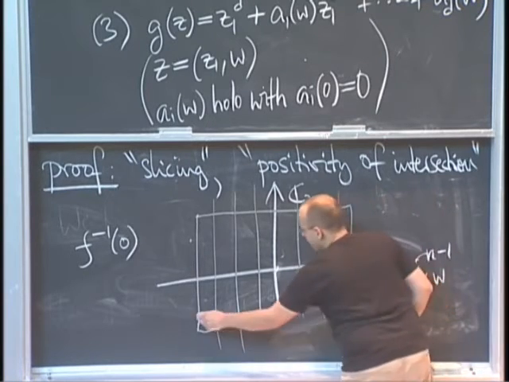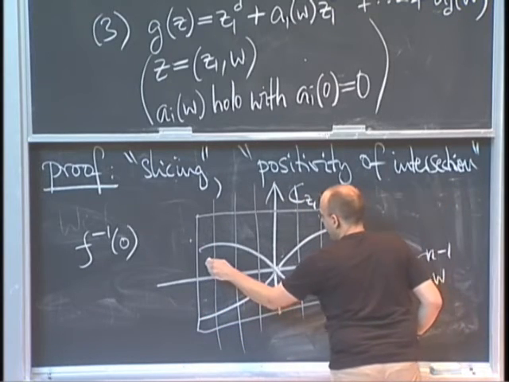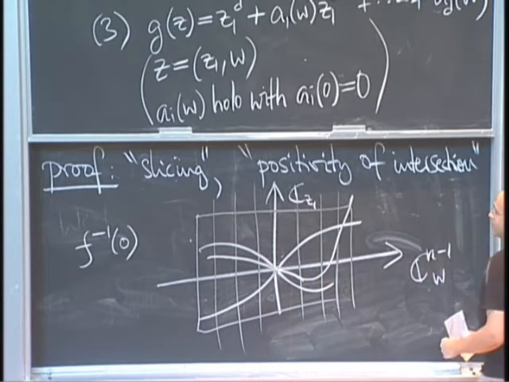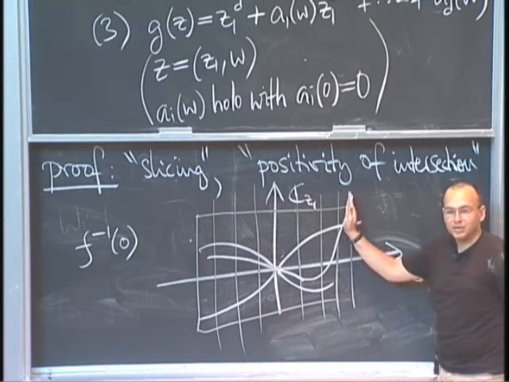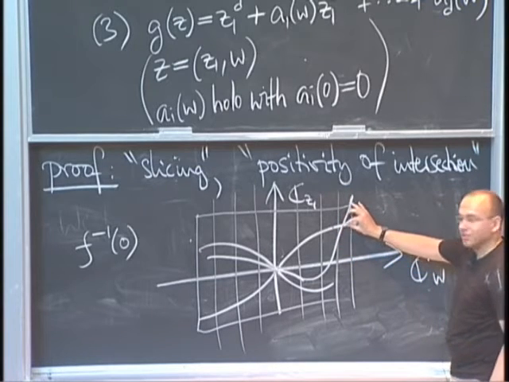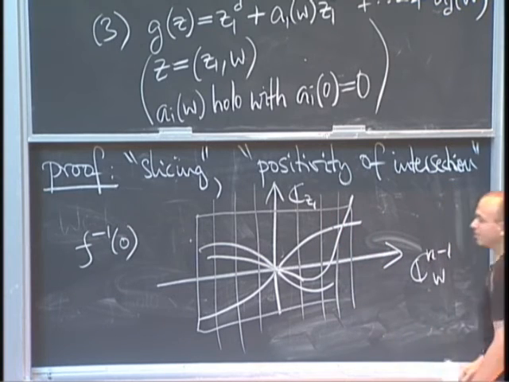So that's the picture that you get. Maybe in one of the slices you're actually going to see a double zero, so that's two simple zeros coalescing into a double zero as you move the slice, as you move the parameter.